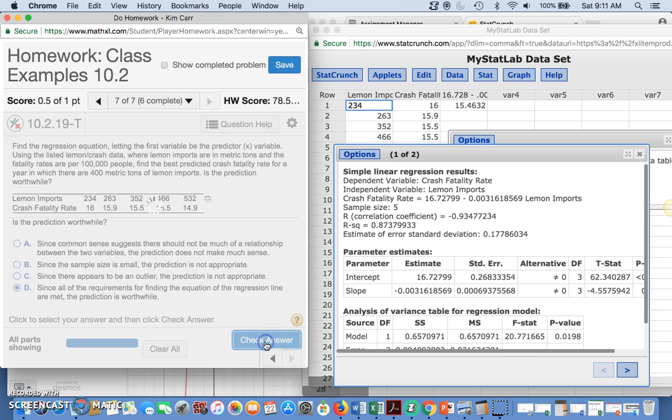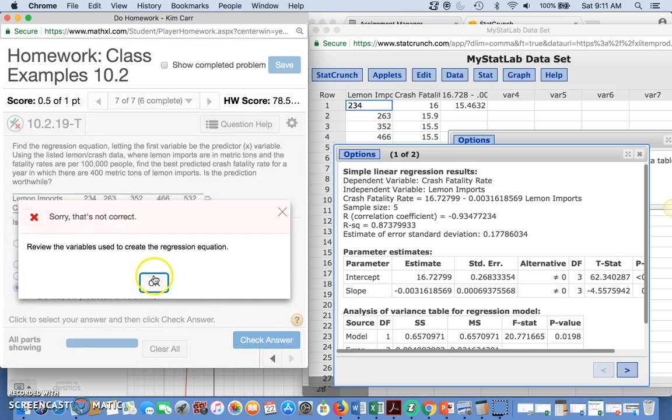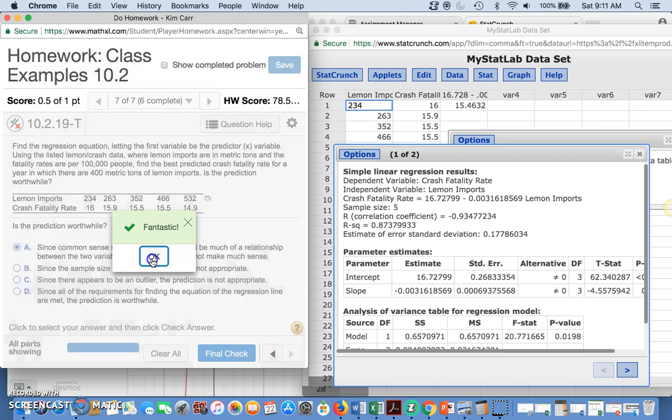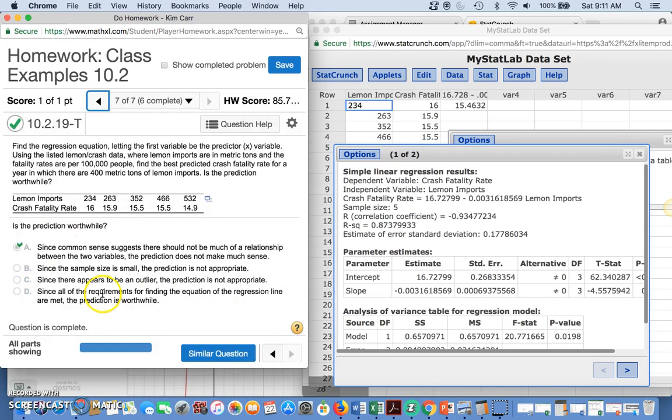Now, that would probably be correct if we were doing just the science of the statistics. But that would be the actual correct answer. Sometimes we forget about common sense when we're just working with statistics.